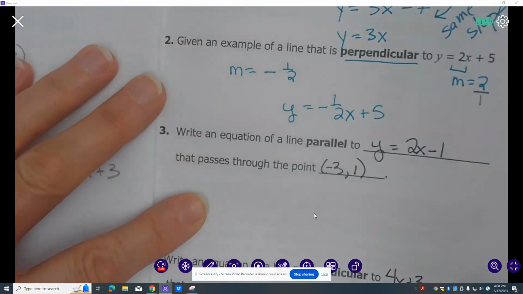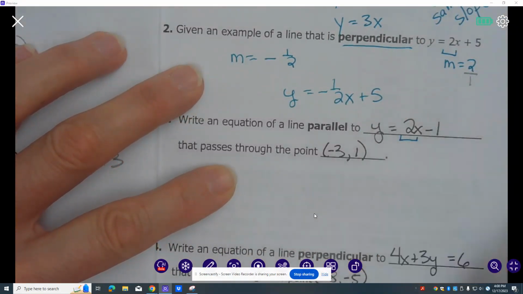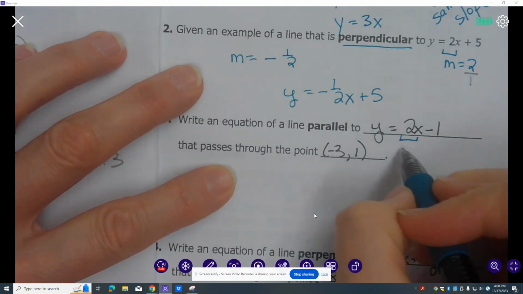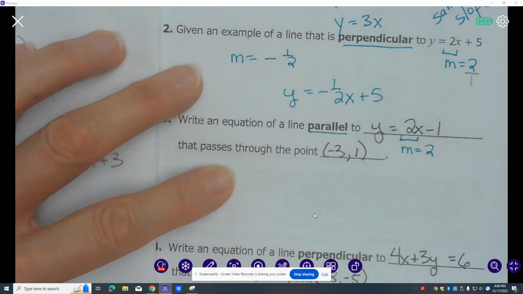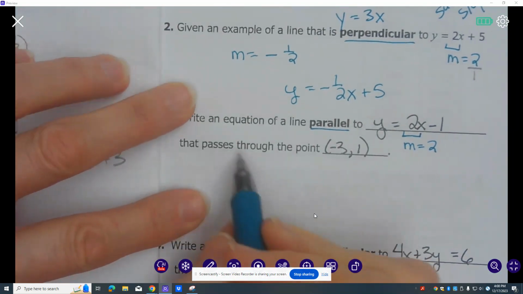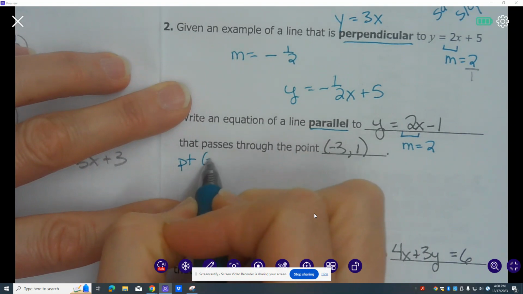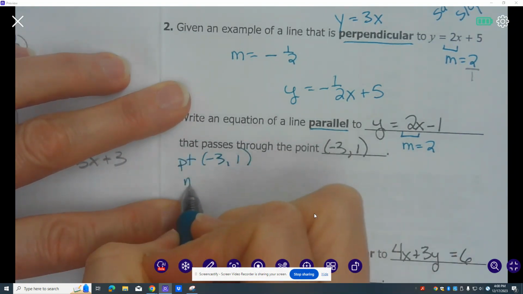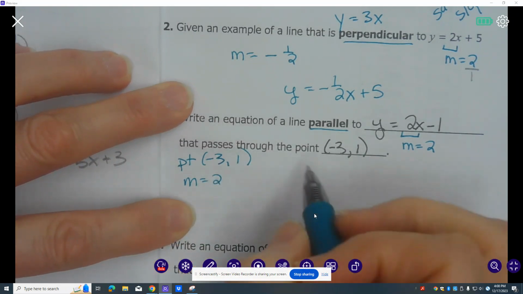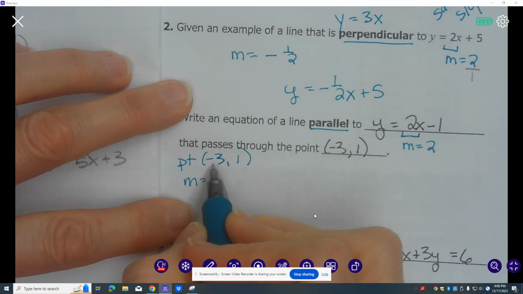Okay, this one says write an equation of a line parallel to this line. This line is in slope-intercept form. So the slope is 2. If I'm writing the equation of a line that's parallel to that line, so this is like my new line, I'm going to need a point, which they gave me. What do you need to write an equation of a line? A point and a slope, and my slope will be 2. So this is not the y-intercept because the x value is negative 3.